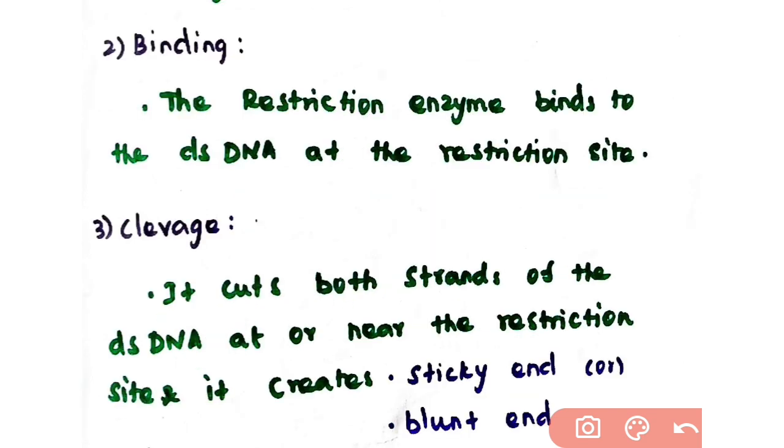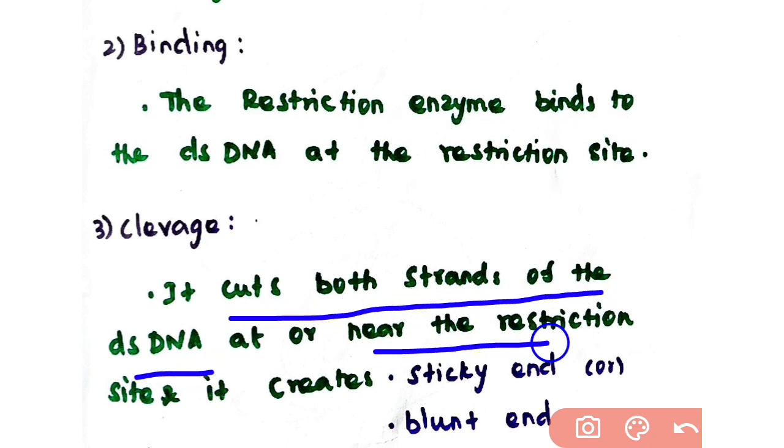After recognition of the restriction site, the restriction enzyme binds to the double-stranded DNA at the restriction site. Then it cuts both strands of the double-stranded DNA at or near the restriction site, and based upon the type of restriction enzyme, it creates a sticky end or blunt end.